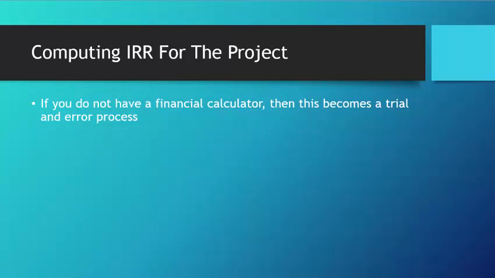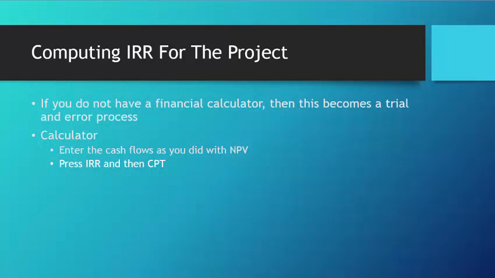So with the calculator, what you do is enter the cash flows as you would for net present value, press the IRR button, and then compute it.